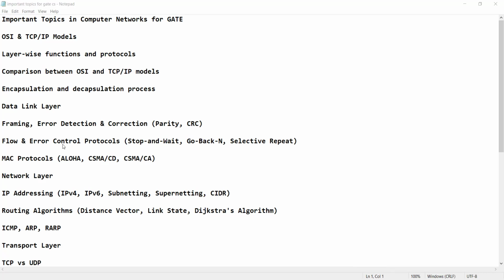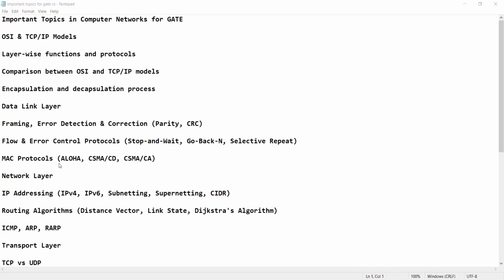Without a question from this topic, there is no computer networks paper. There are flow and error control protocols like stop and wait, go back N and selective repeat. Go through these concepts, learn them, and you can easily answer the questions in the GATE exam. It is also important and very easy to solve.